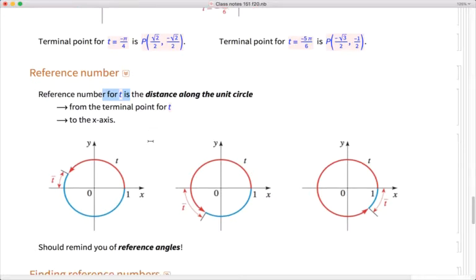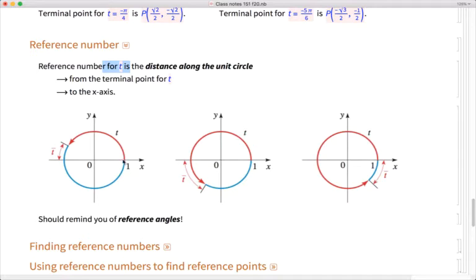So here's the picture. We have this number t that takes us a certain distance along the unit circle, and the reference number for t is this remaining distance to get us down to the x-axis. So this would be the t bar, the reference number for t.